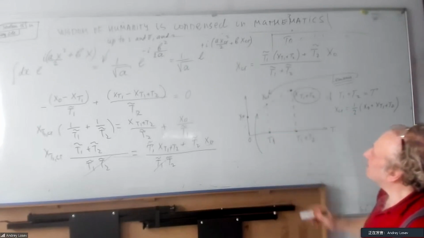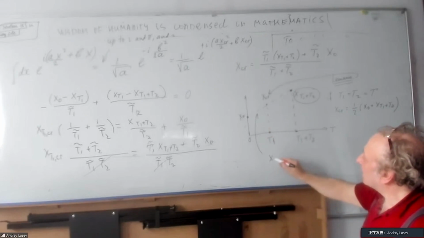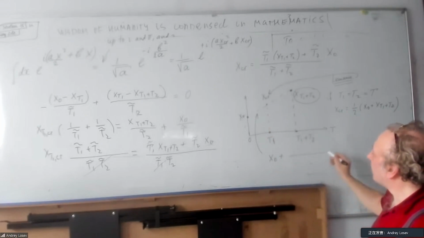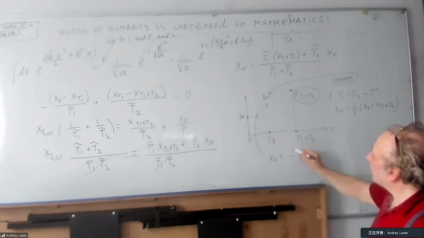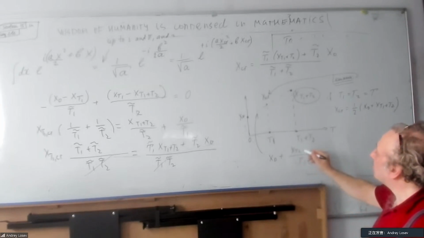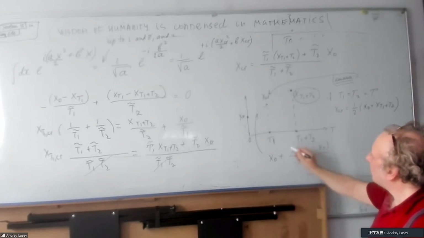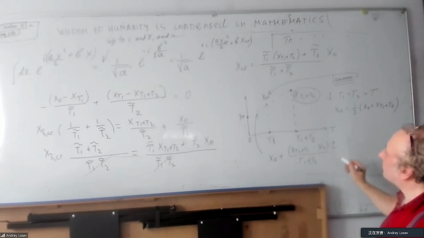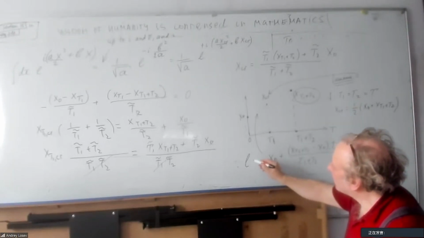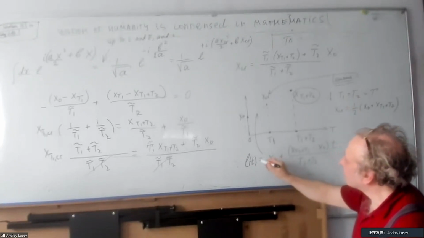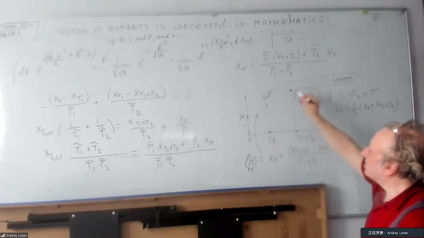So this line is x0 plus, over t1 plus t2, x_{t1+t2} minus x0, and here I put t. So let me call it the critical line of t.